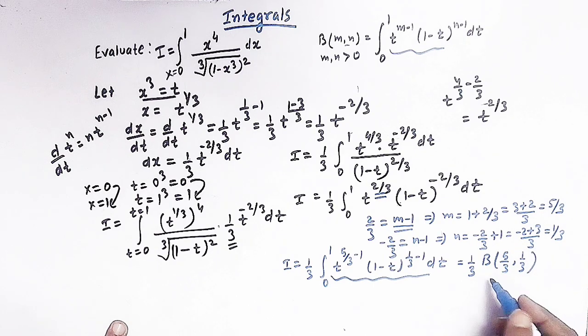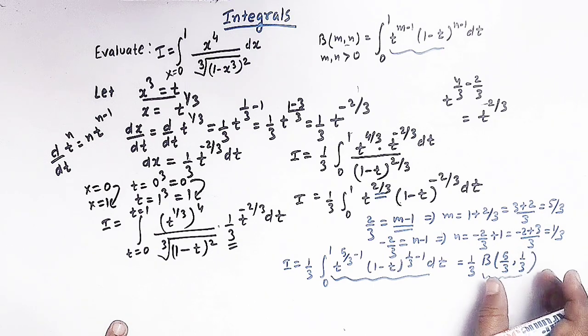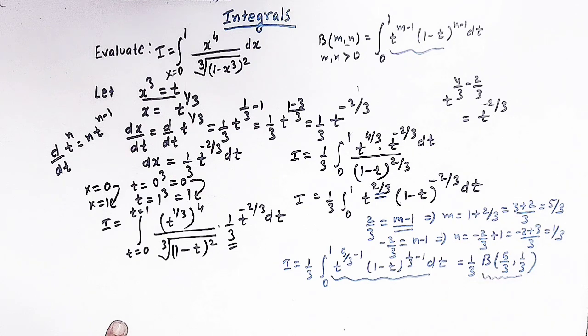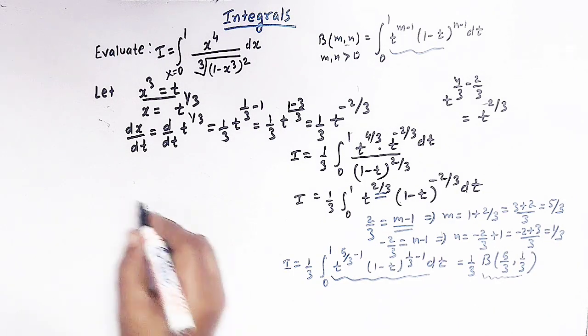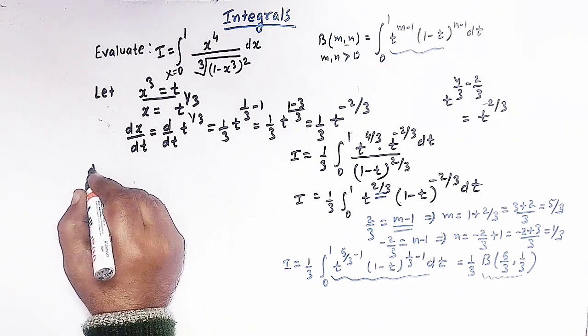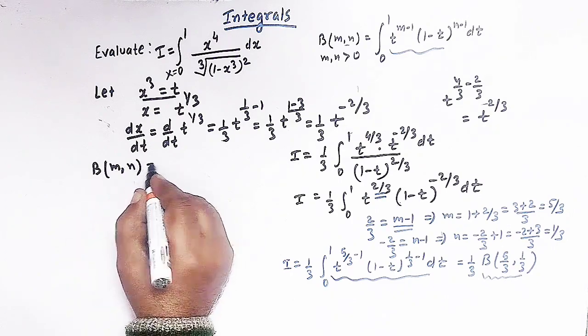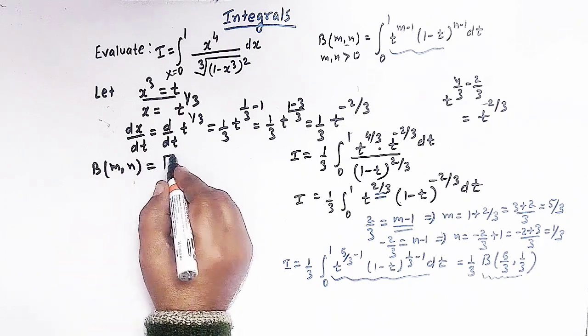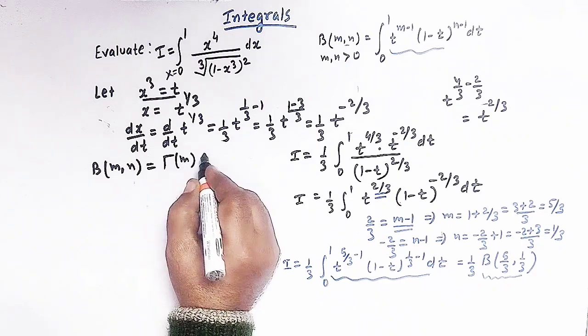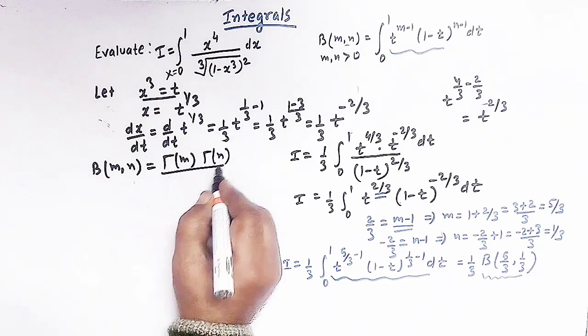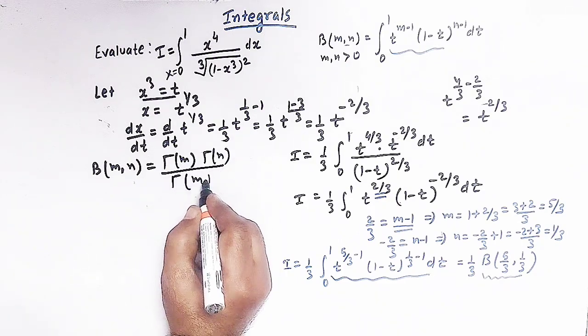So now we have to calculate the value of this beta function by using the relationship between beta function and gamma function. The beta function and gamma function are related by this expression, that is gamma m times gamma n divided by gamma m plus n.